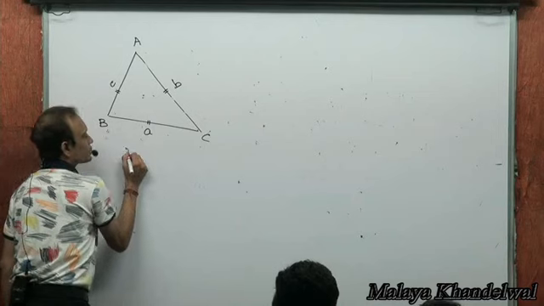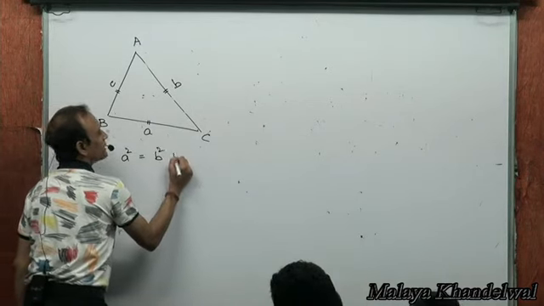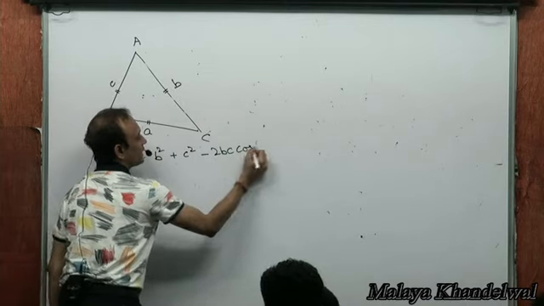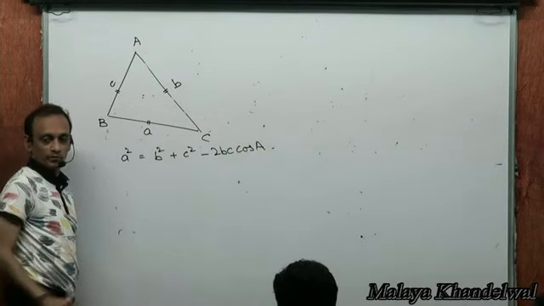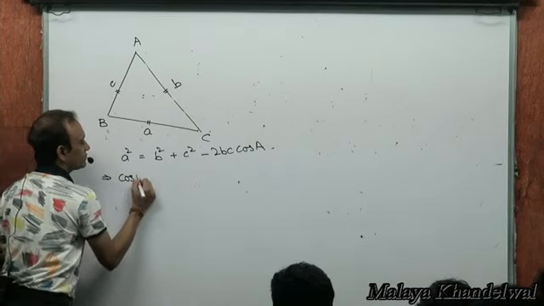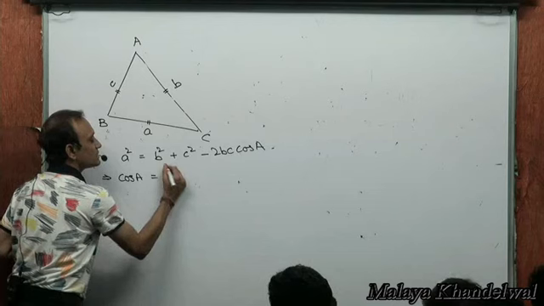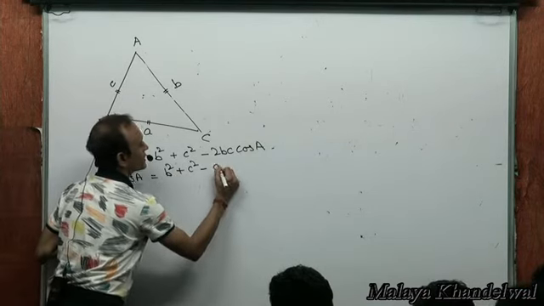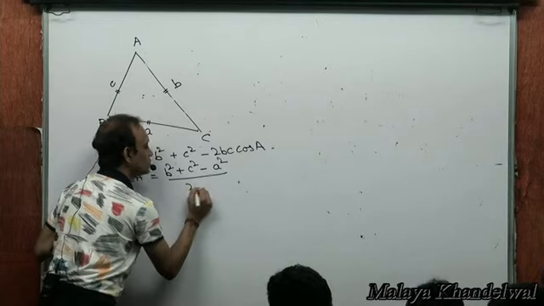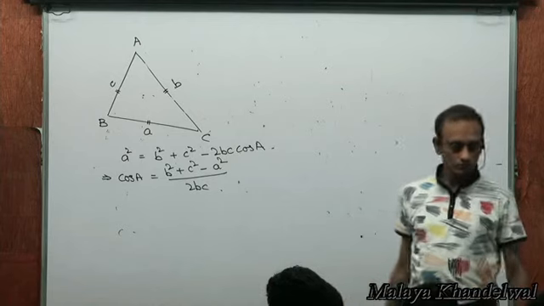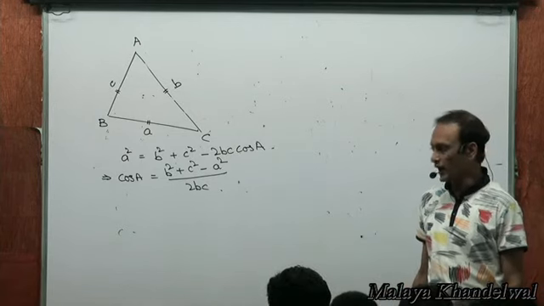I said a squared is b squared plus c squared minus 2bc cosine A. Now cos of any angle of the triangle, as you can see, is the sum of the squares of the sides b squared plus c squared minus a squared by 2bc. That's cosine A, right?